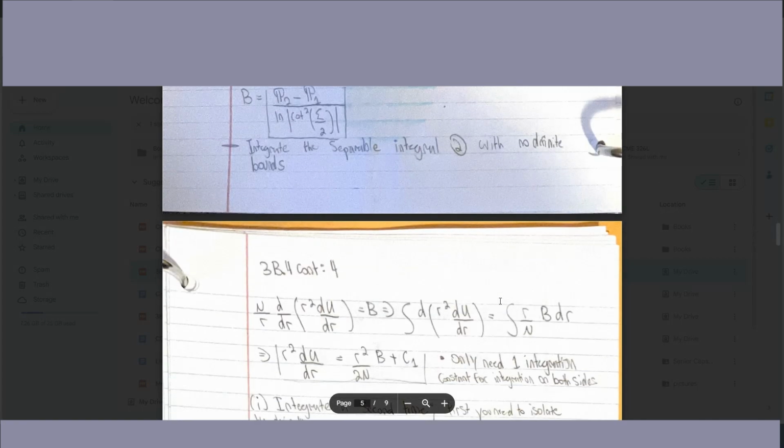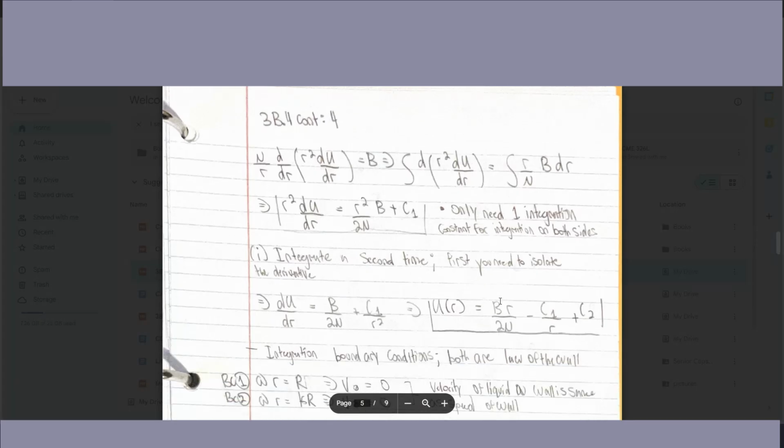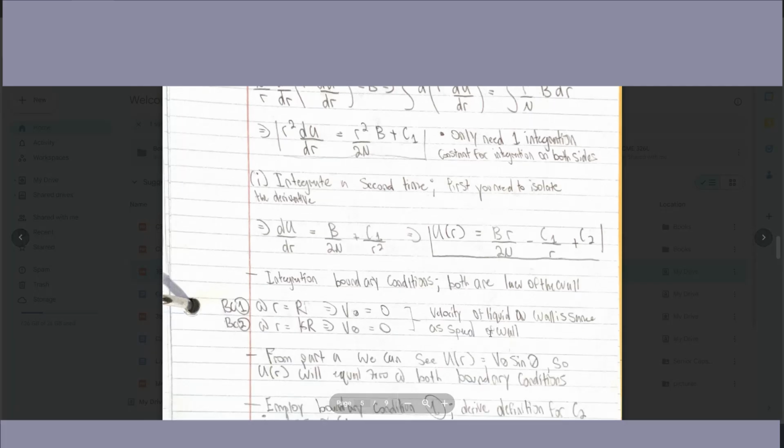I think this separating and integrating thing helps with the no definite bounds somehow. I kind of forgot. So yeah, you only need one integration constant for integration of both sides. Why do you only need one constant? Oh, well, yeah, you only need one constant for integration of both sides. That makes sense. Integrate a second time, and you get UR equals that.